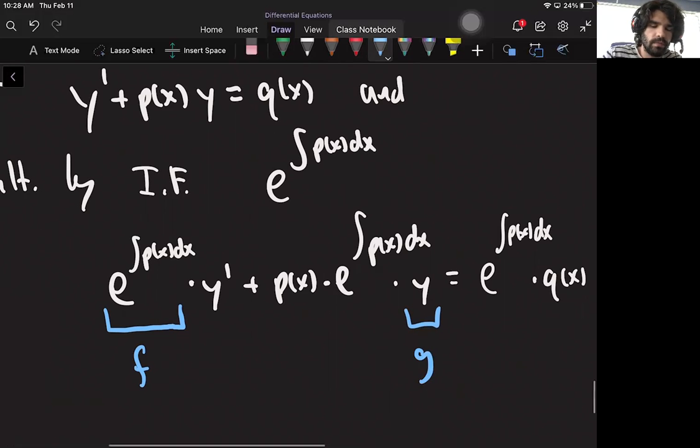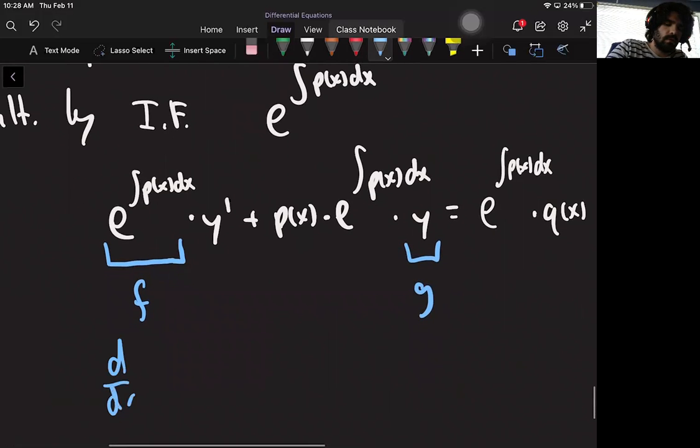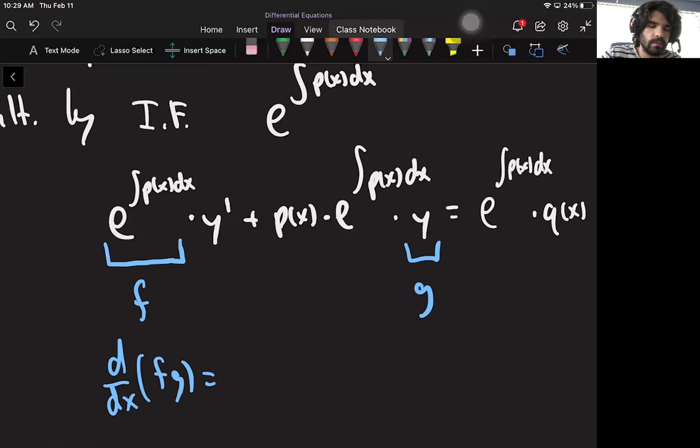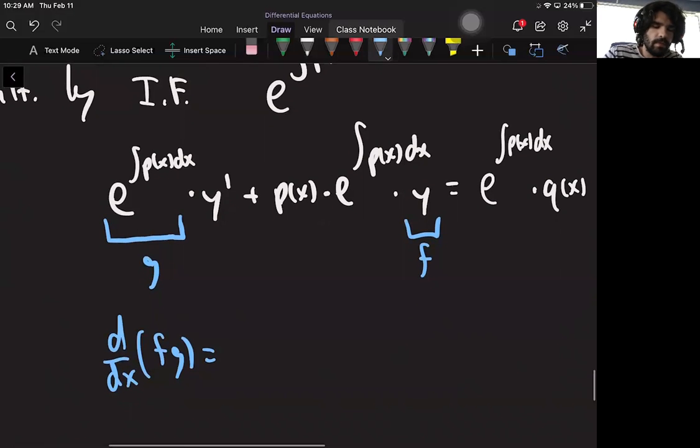And the product rule says that when I take the derivative, I should, so I've done it a bit backwards, so let me rename them to make it look the same here. So let's call this one f and this one g. So the product rule says, okay, if I want to take the derivative of the multiplication of two functions, I have to do the derivative of one times the other plus the derivative of the other one times the other.